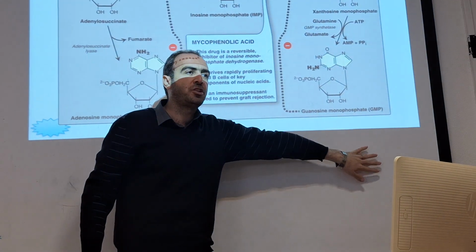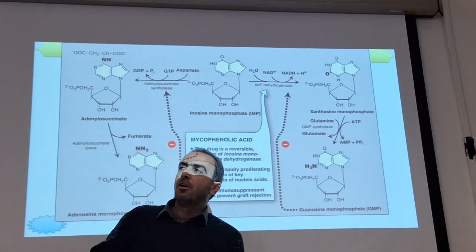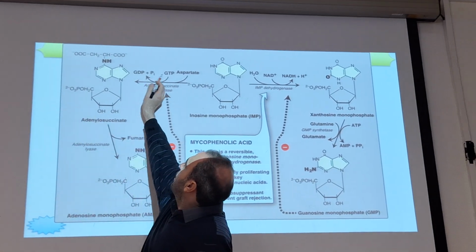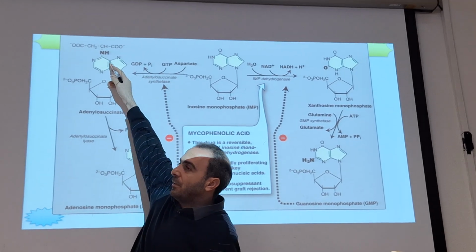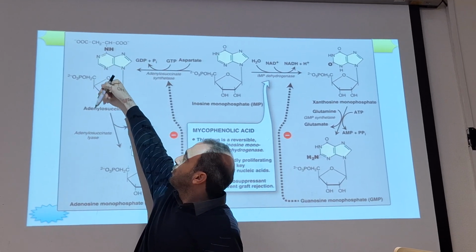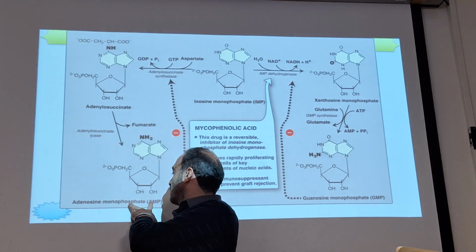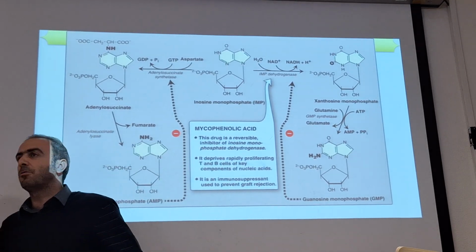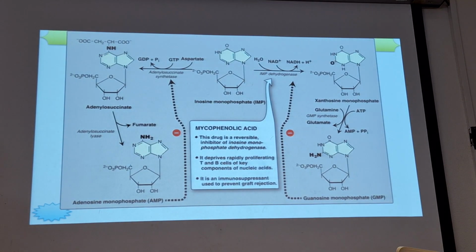Then GMP is converted to GDP and GTP. Okay? From this side, it receives an amine group from aspartate, produces fumarate, and finally is converted to AMP and then ATP.